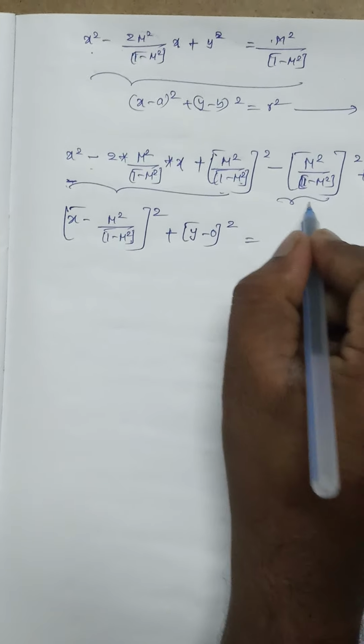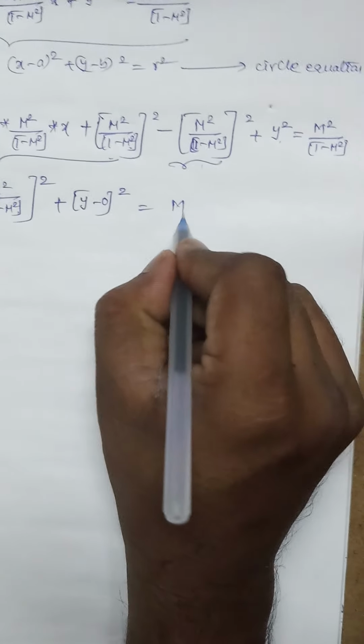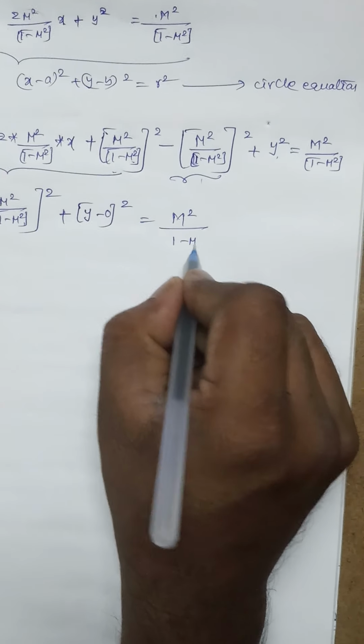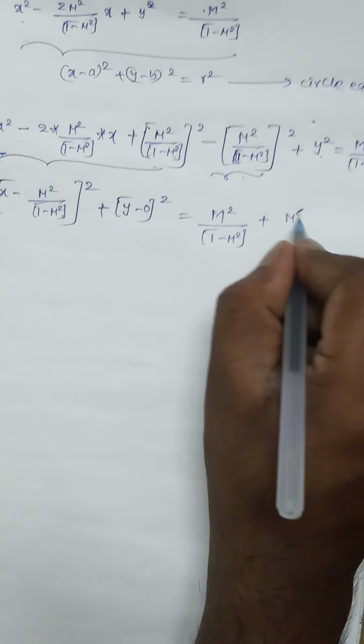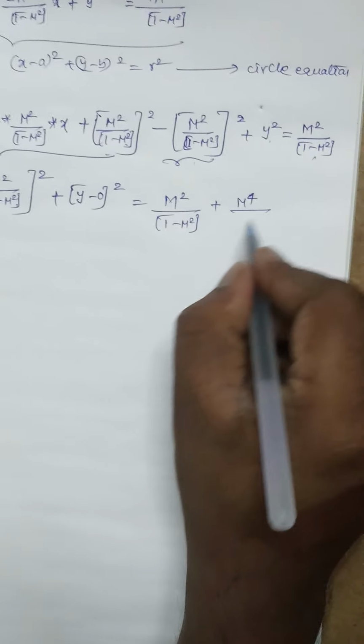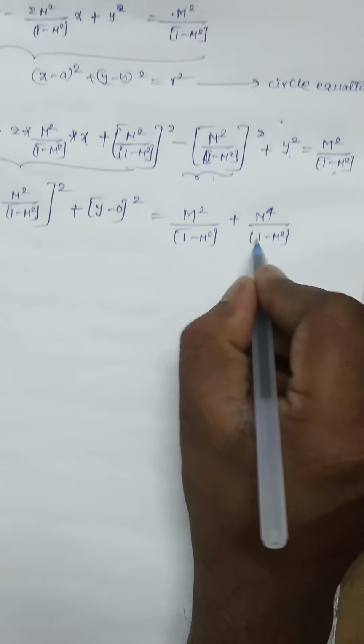If I take this term to the right side of this equation, then I will get m square divided by 1 minus m square, this one, plus m square, that is m power 4, divided by 1 minus m square whole square.